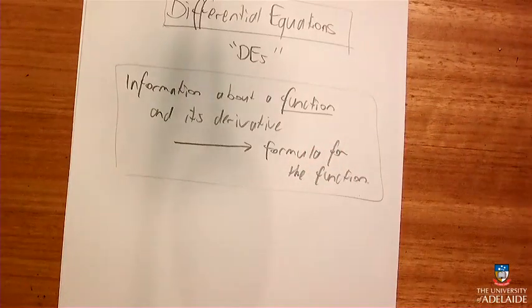So if you have something involving x and y, and dy on dx, then the fact that you have dy on dx is telling you that y is a function of x, and the goal is to find y as a function of x. If you have something using a p and a q, and you've got dp on dq, then your goal is to write p as a formula involving q. That's the idea.